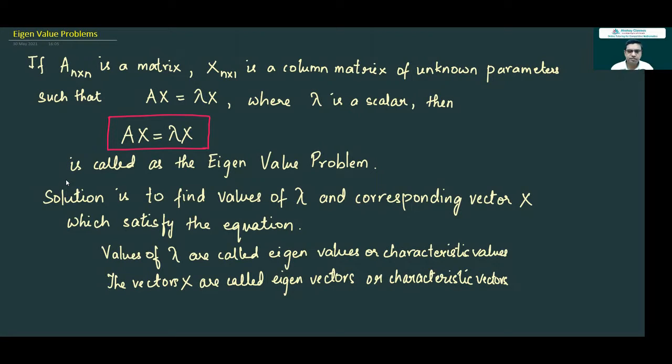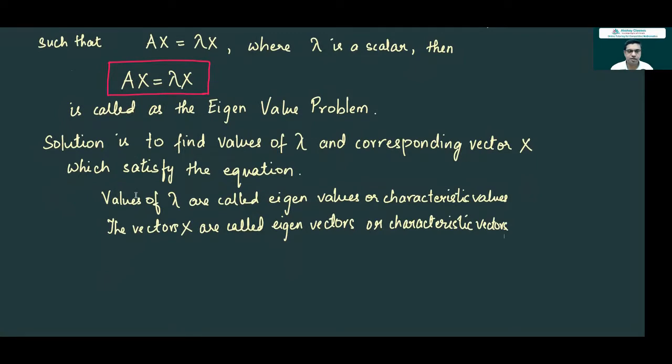And very interestingly, the Google search engine that we use every day converts the input parameters that we put in into an eigenvalue problem and solves it, giving the solution in 1 second. The sequence in which you get the searched options is based on the descending order of the eigenvalues. So there are a lot of applications of this, and that is why it is included in the engineering mathematics syllabus.